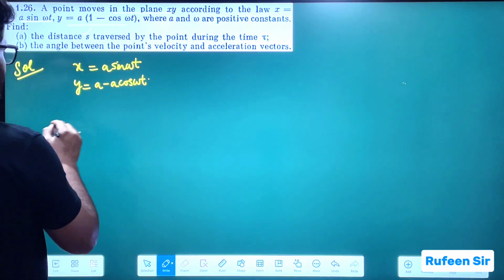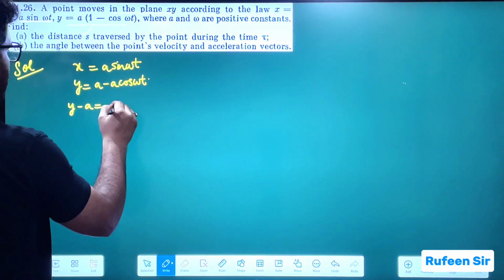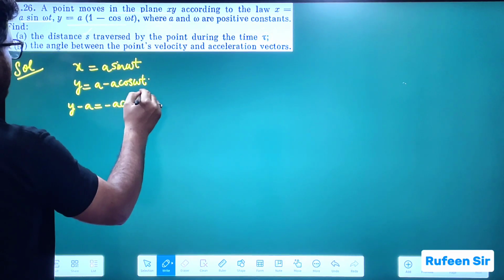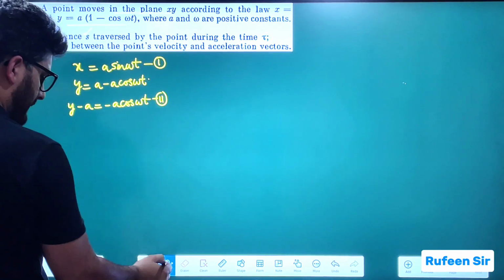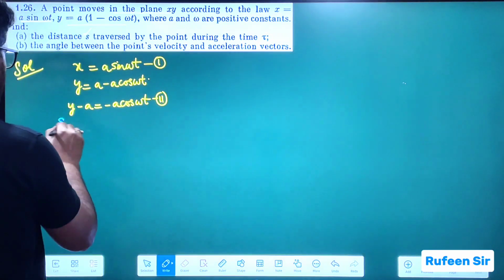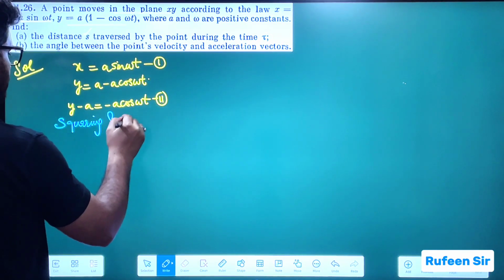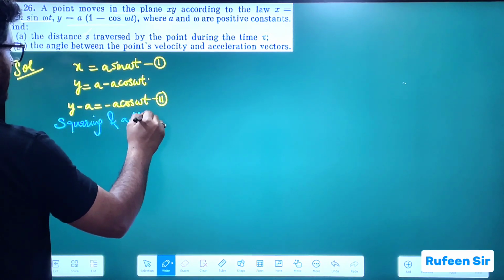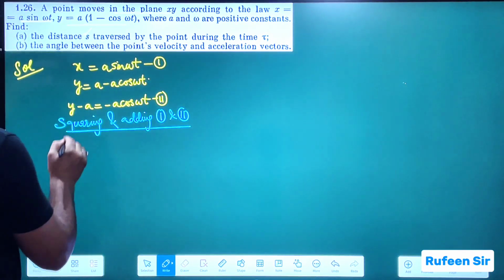If I want the trajectory, I can write y minus a is equal to minus a cos omega t. I will call this first and this second. If we square and add, time will be eliminated.